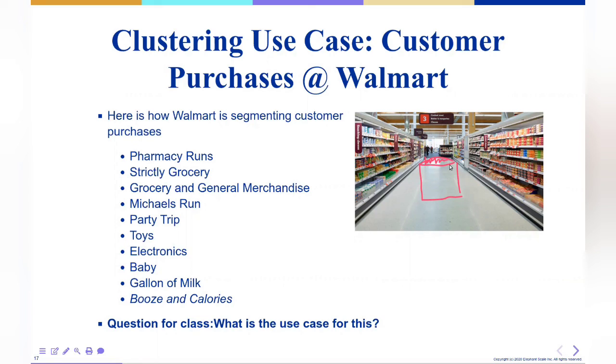What they do is look at people's purchase patterns and figure out what items people buy together. This looks like a milk aisle. Let's say you're walking down the milk aisle, and they realize people who buy milk also buy cereal. So they put some cereal boxes in the middle.